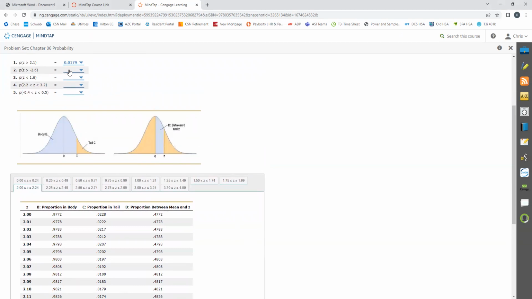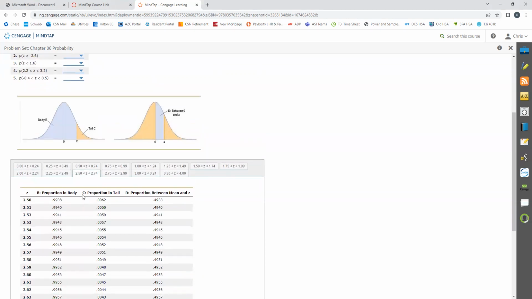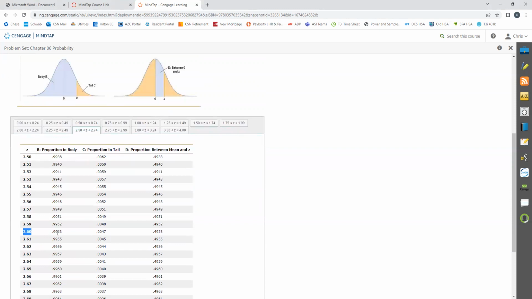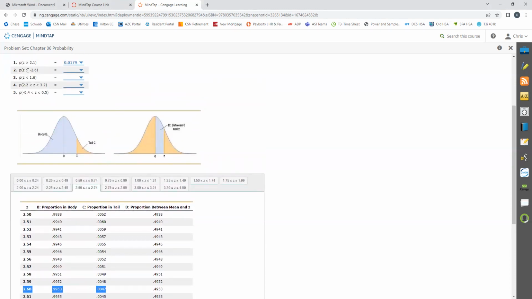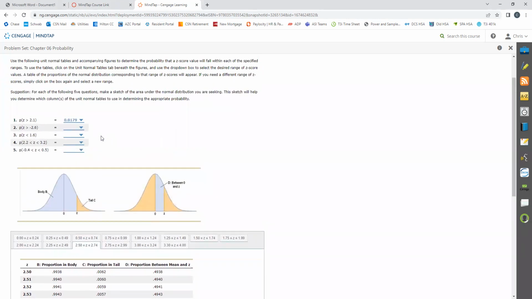Now, where it gets a little bit tricky is once we get to the negative value. Find the probability that Z is greater than negative 2.6. If I'm using this table, I need to go to the 2.6 value right here. Now, what happens is because I'm taking a look at a negative number, the tail and the body flip. But this doesn't really give you a good representation of that.